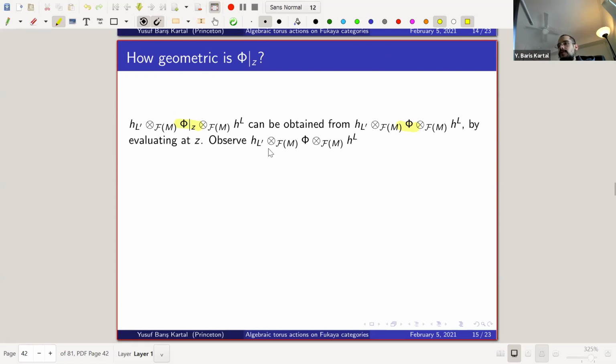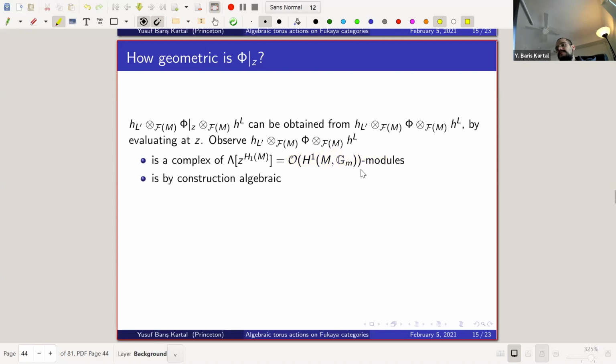So you should now observe that this triple tensor product is a complex of modules over the ring of regular functions. In other words, you can think of this as a complex of quasi-coherent sheaves over the variety here. It's by construction algebraic. You know what it means.